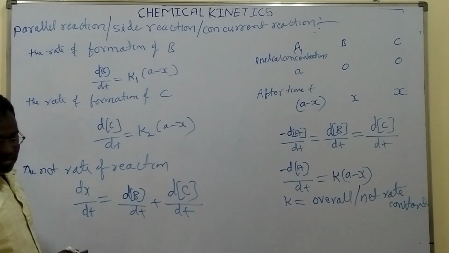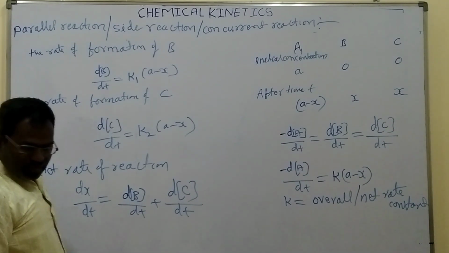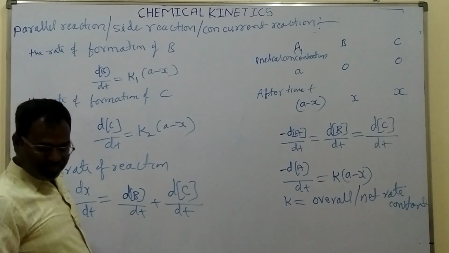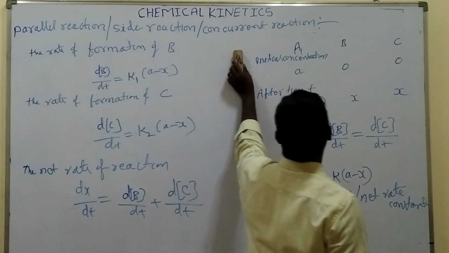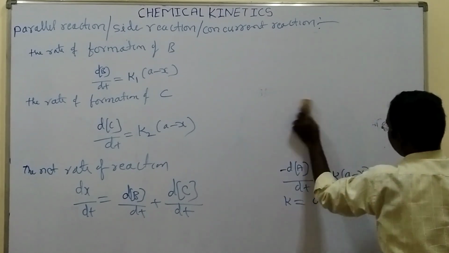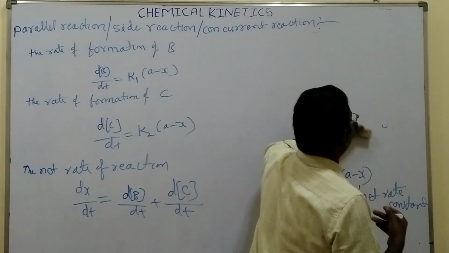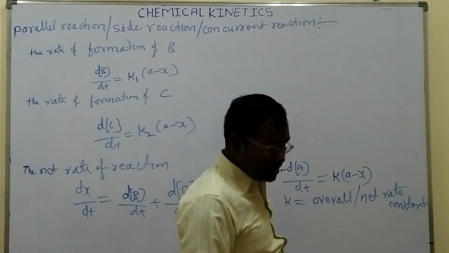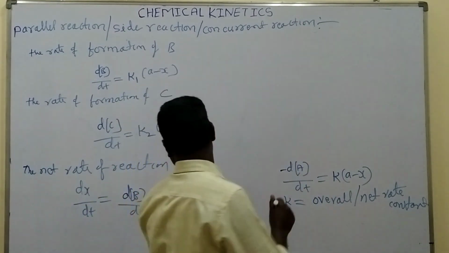If we substitute their values, it becomes a very simple equation, because we need a simple equation to calculate the rate constant of the parallel reaction.